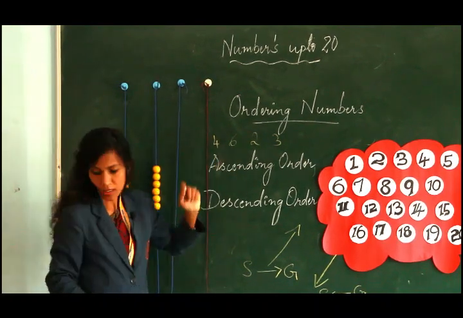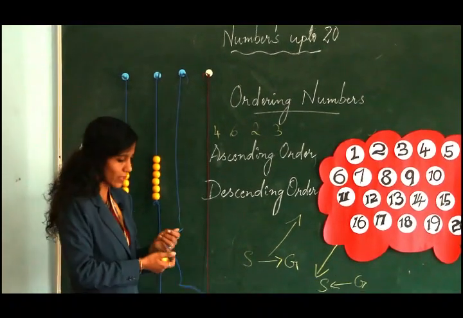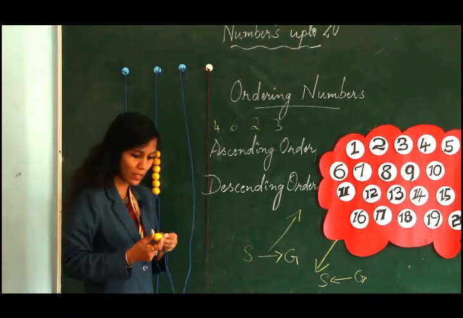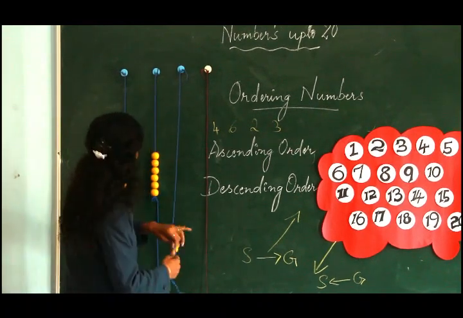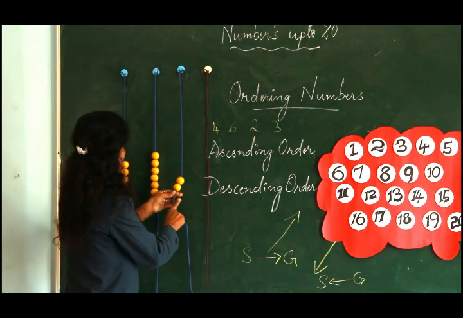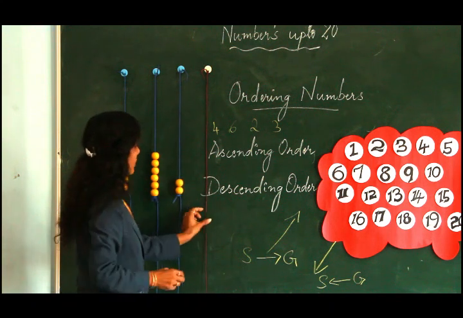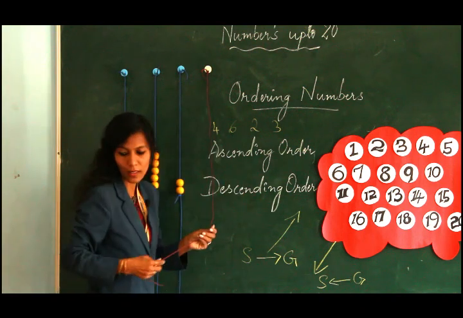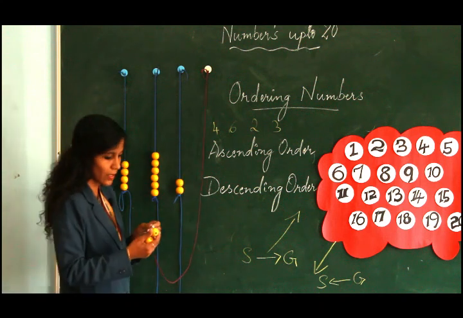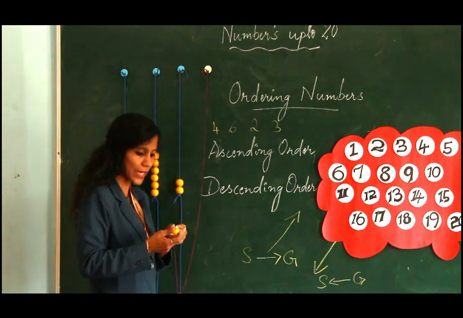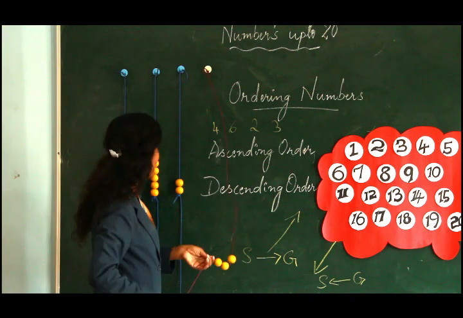Next number is 2. So threading the third one with 2 beads. So 1 and 2. The last number is 3. 1, 2 and 3. So we have thread this with 3 beads. So we tie this one also.